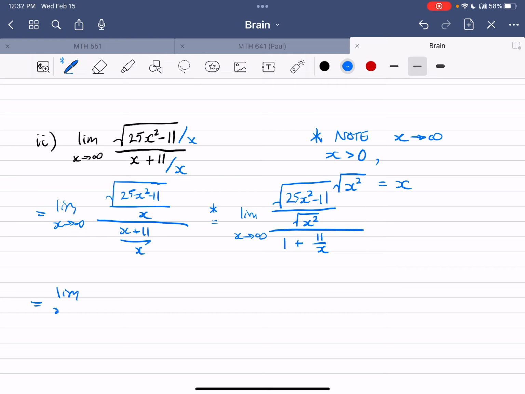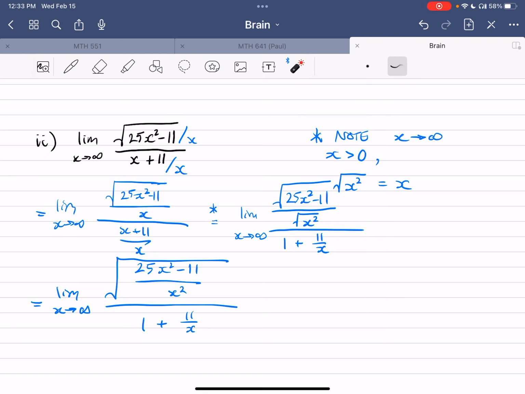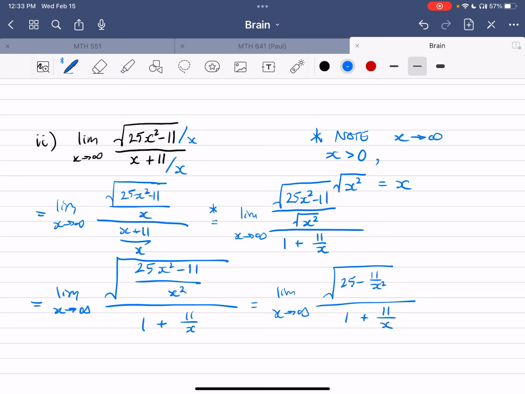Now I can combine these two square roots in the numerator. So I can push this through the square root, divided by x squared, and in the denominator we still have 1 plus 11 over x. Then I'm going to do the same thing over here. We get the limit as x goes to infinity of the square root of 25 minus 11 over x squared, divided by 1 plus 11 over x.